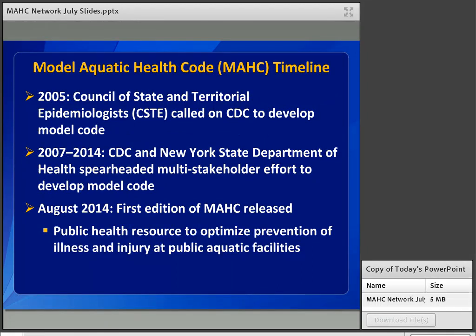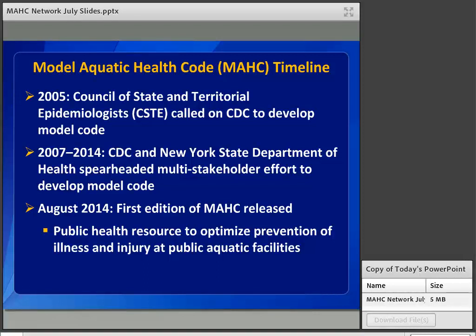So in terms of prevention, as Jason talked about the Model Aquatic Health Code, the MAHC, I don't want to get into too much, but just to give you some idea of a timeline, back in 2005, the Council of State and Territorial Epidemiologists, or CSTE, called on CDC to develop a model code. From 2007 to 2014, CDC and the New York State Department of Health spearheaded a multi-stakeholder effort to develop this code.